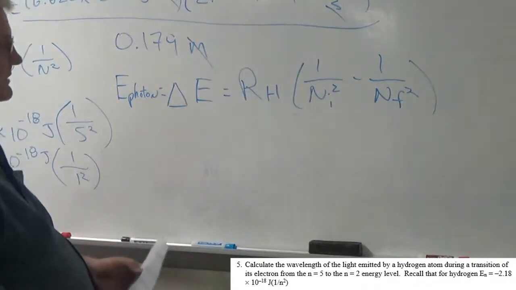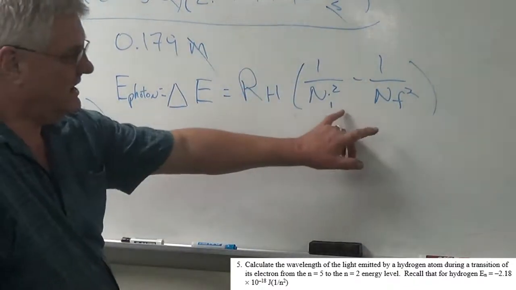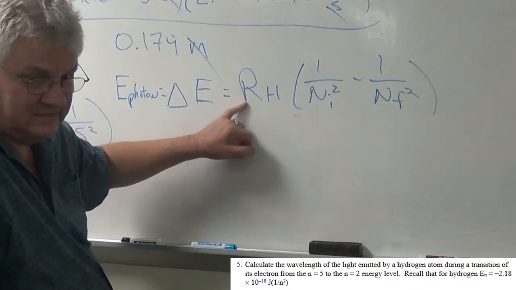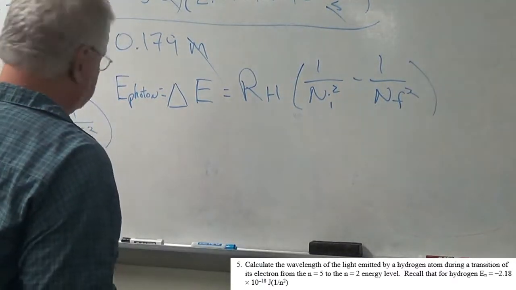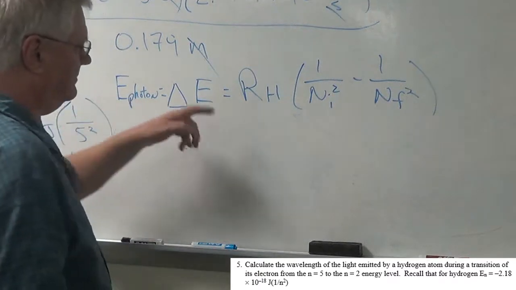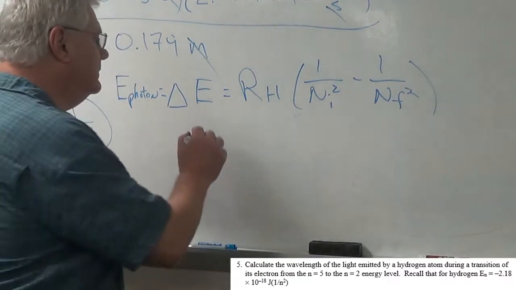Here you just do it in one calculation. These got flipped, so you got rid of the negative sign that you saw over here. And this Rydberg constant is the same thing as 2.18 times 10 to the minus 18.